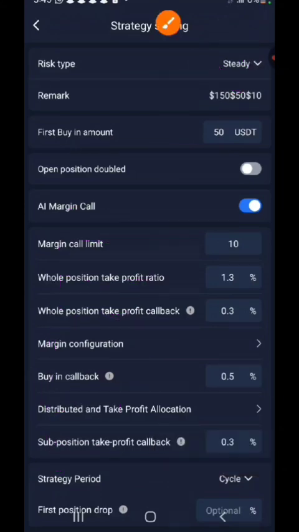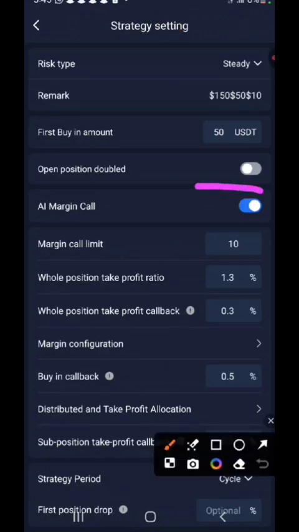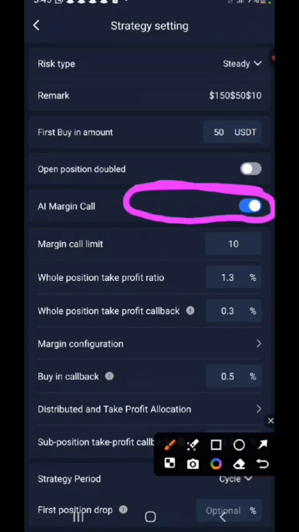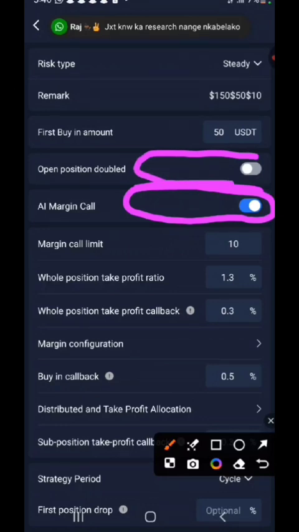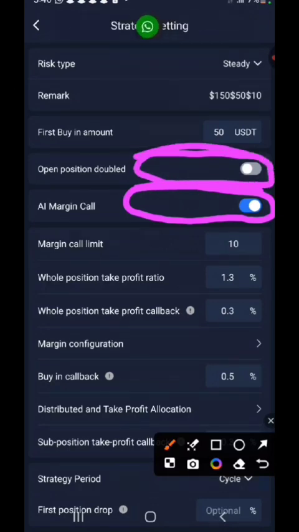So you also need to remove this AI margin call button. It has to be off, because whenever it's on, the robot won't follow your instructions. Then the open position doubled has to also be off, because if it's on, the robot will be doubling each transaction.